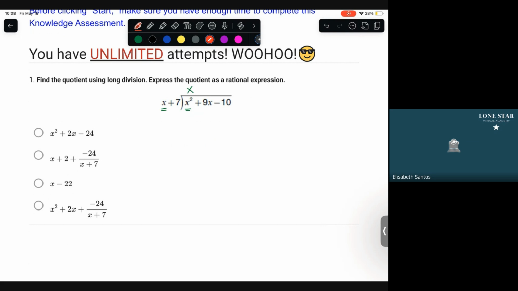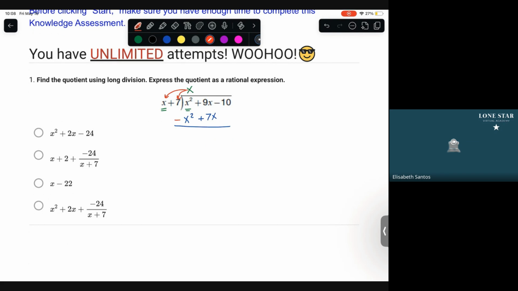So let's go ahead and distribute. So x times x is x squared. And then x times 7 is 7x. And what we're going to do next is subtract.